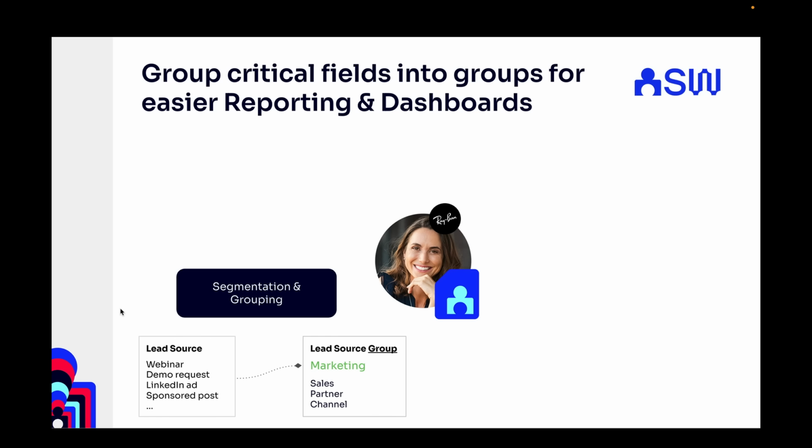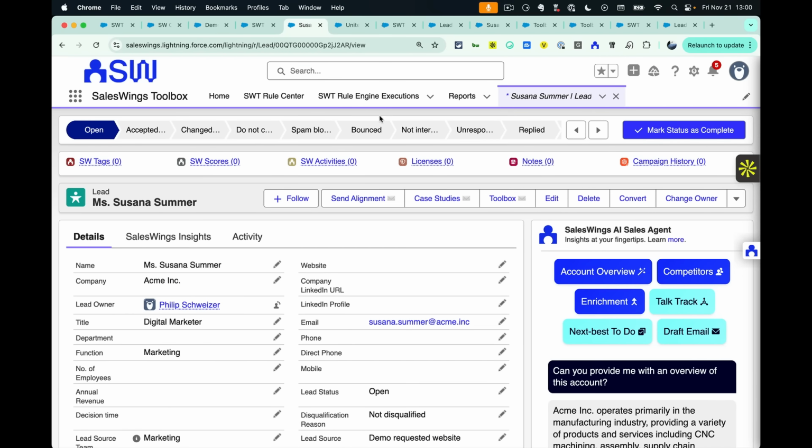And let's imagine you want to group all these sources into subgroups so that you can report in a very easy way. Okay, show me marketing sources, show me sales sources. And then when you do reporting, you don't have to every time pick the related lead sources, which leads honestly to a lot of errors. And here, this has been very, very handy for us.